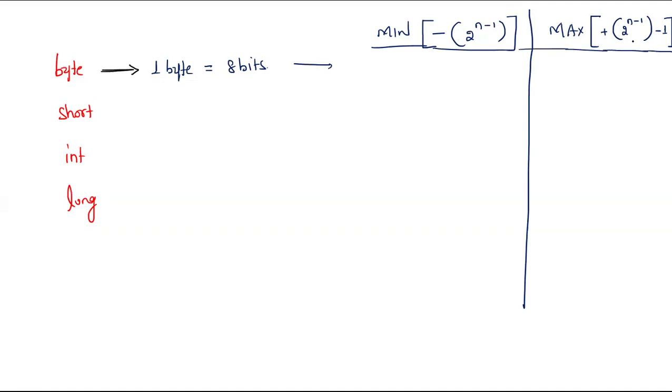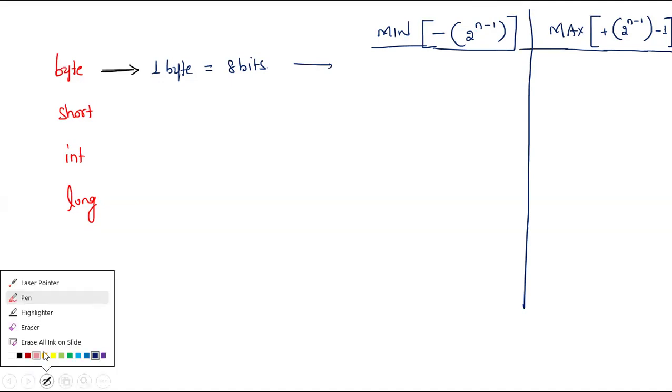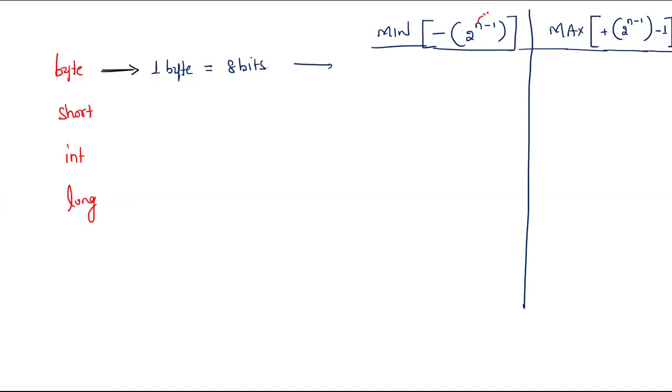What is this n? n is in terms of bits. Byte will consume 1 byte, which is equal to 8 bits. So this 8 we have to use in place of n, then 8 minus 1.